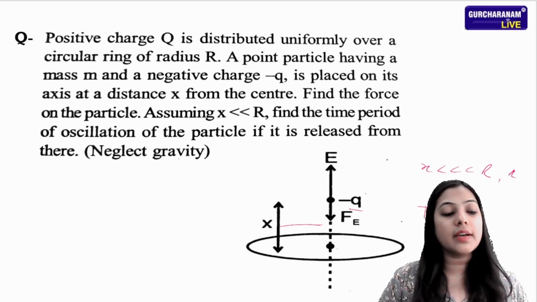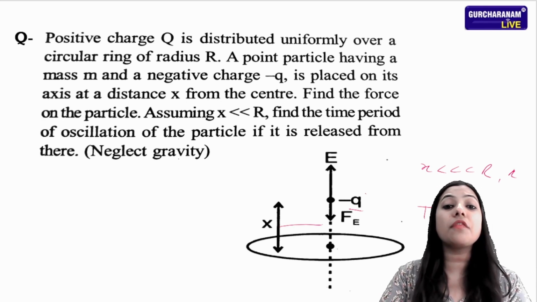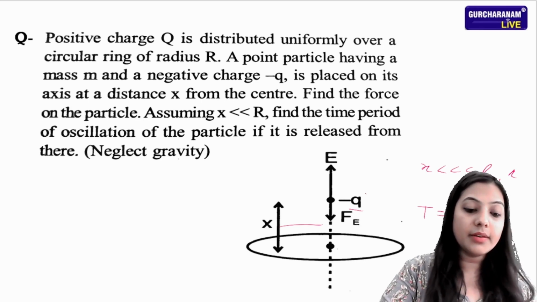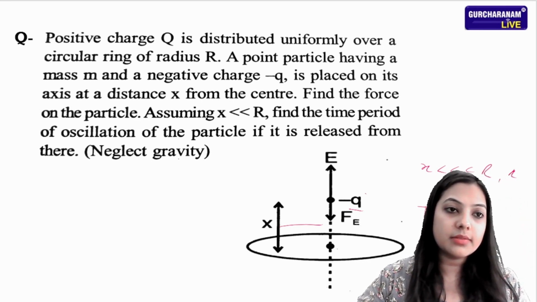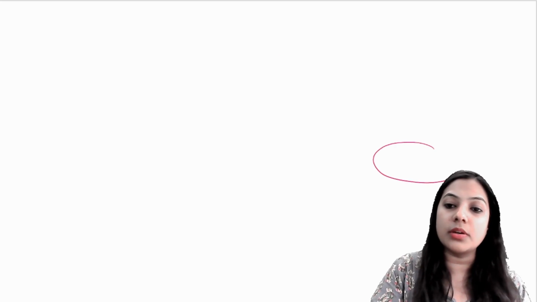So what we have to find in this question is the time period of oscillation of the particle. Now we have to solve this question. We will make a diagram of it.